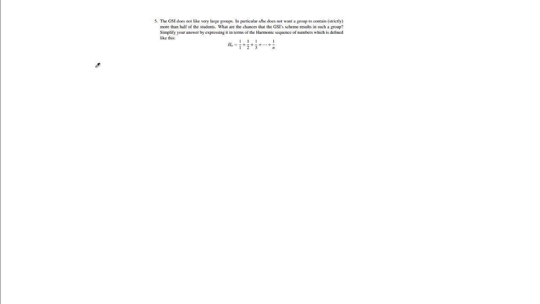The crucial observation in this problem is that there can only be at most one group with more than half the students.